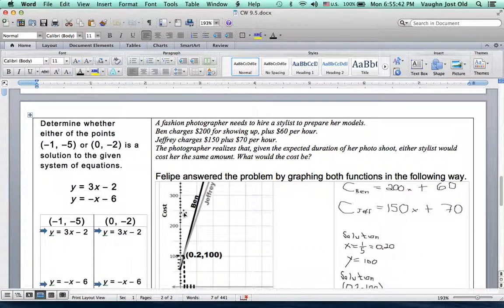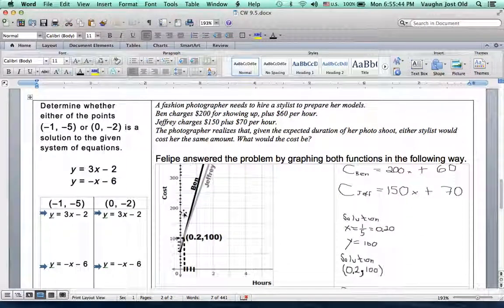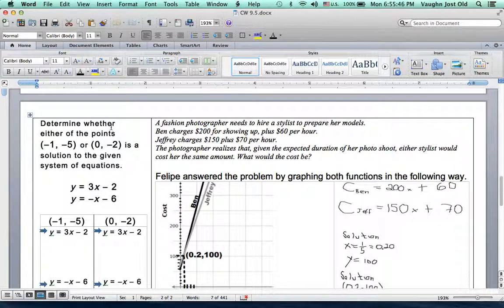So now we're going to move on to the next page, the back page. And over here on the left, what we want to do is test some of these points of intersection to see whether these coordinates or these coordinates, either one, provide a solution to this system of equations right here. So the way that we would test those is we simply plug those coordinates in for x and for y. So it'd be -1 and -5 we would plug into this equation.